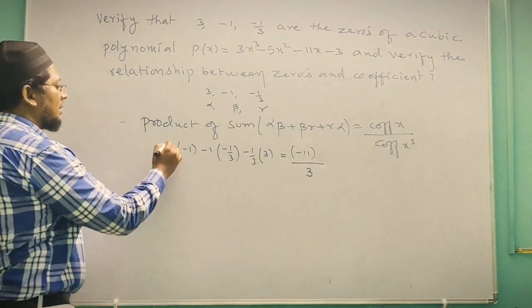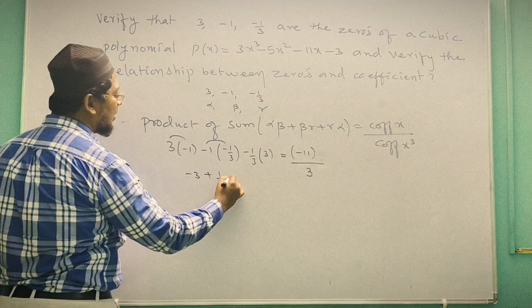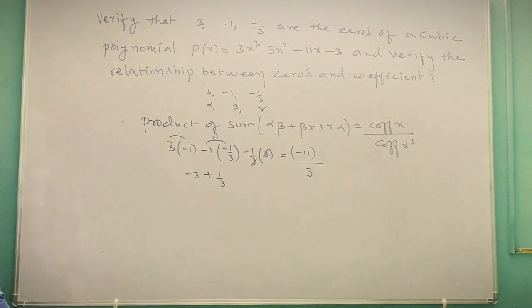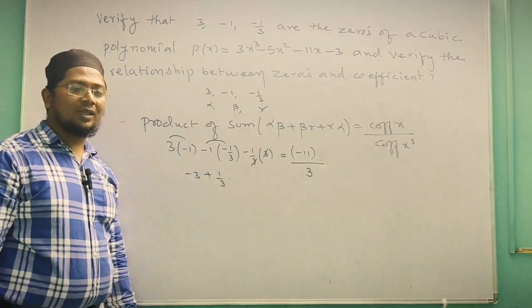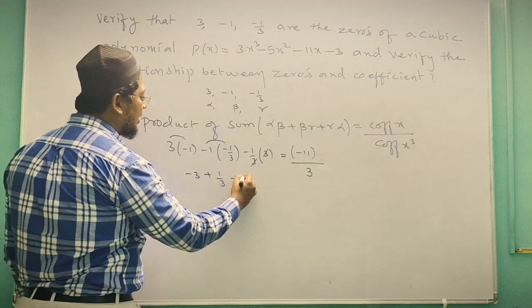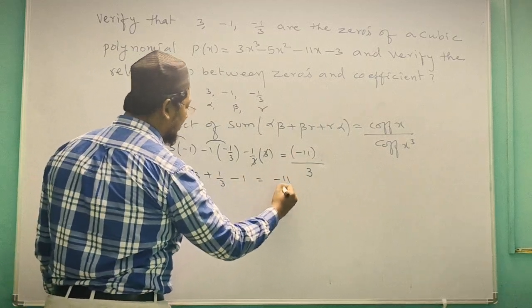So what we do, sir? Plus into minus, minus, minus 3, minus into minus, plus 1 by 3, and 3 in multiplication cancel. Okay, this is nothing but what? Multiplicative inverse. 1 by 3 into 3, 1 by x into x. Okay, 3 cancel. What we have? Minus 1. This is equal to the RHS only fixed, minus 11 by 3.